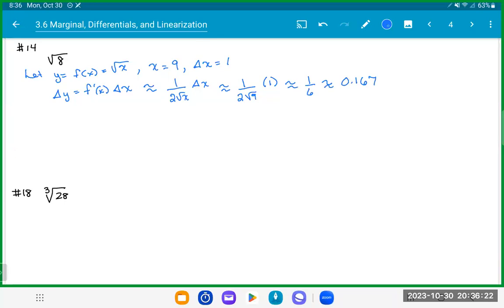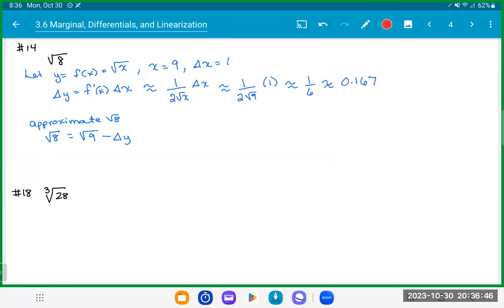Okay. Now we can approximate the square root of 8. We're going to say that the square root of 8 is equal to the square root of 9 minus delta y.